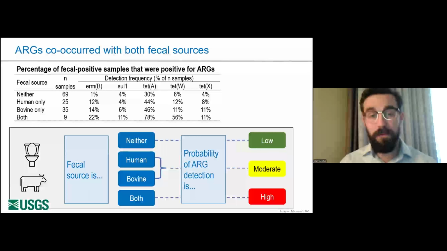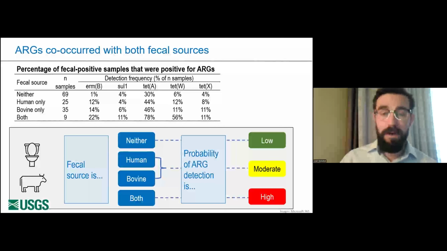But then when both fecal sources were present in the sample, the probability of detecting these genes was generally higher. And that holds true, I think, for several of those gene targets. It's also biologically plausible, in that if multiple fecal sources are influencing one well, there's a higher probability we're going to see these contaminants showing up.